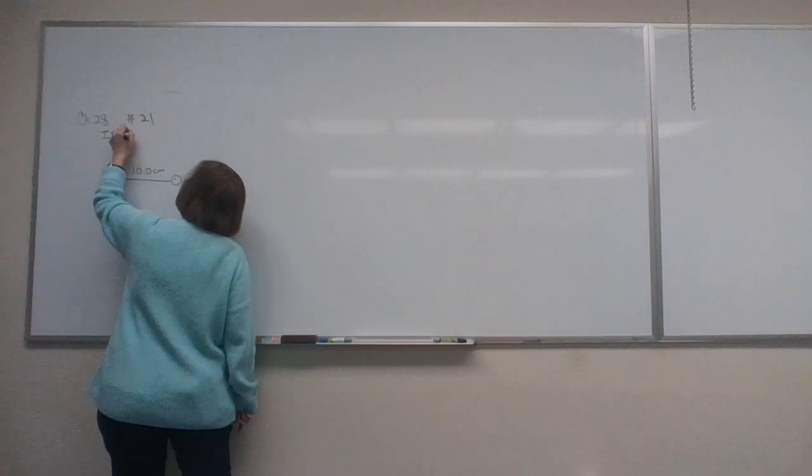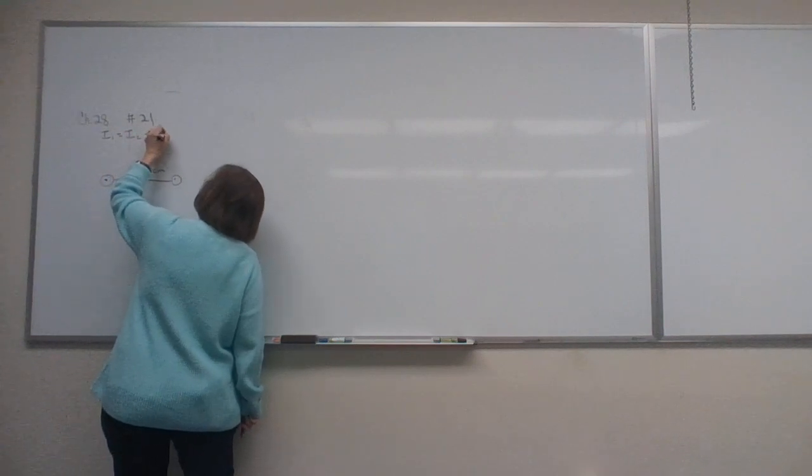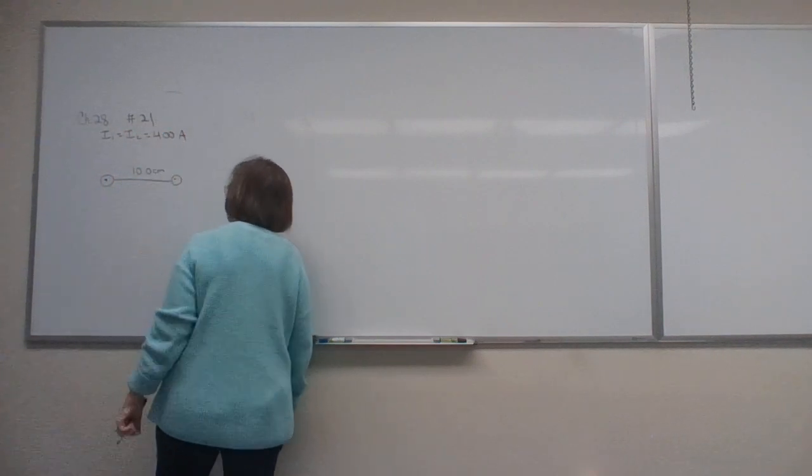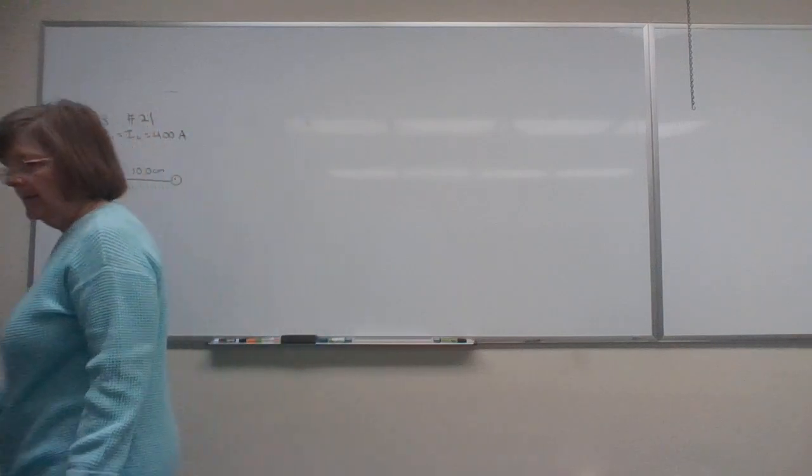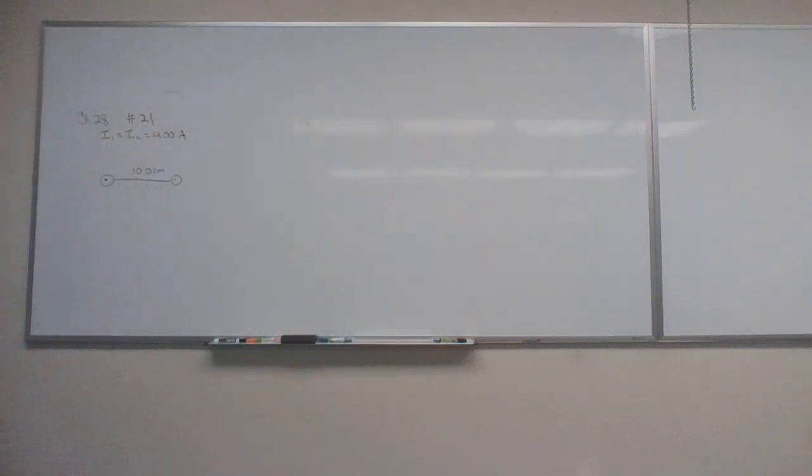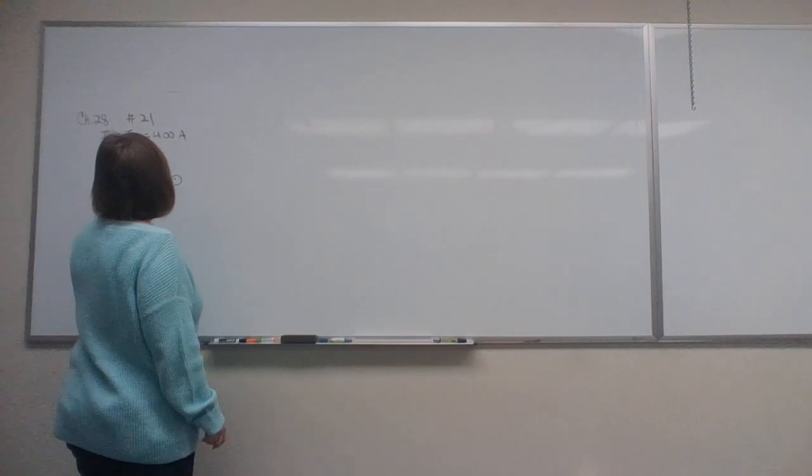I1 equals I2 equals 4 amps. All right. The first question, part A, what is the magnetic field at point B, midway between the wires? So they want the magnetic field right here.